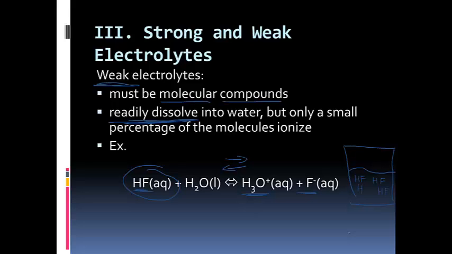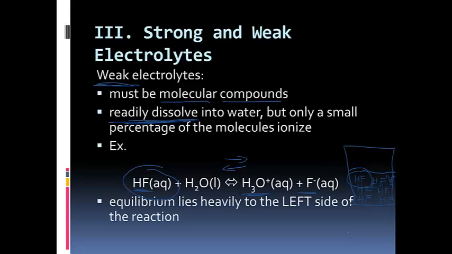You can dissolve a lot of it in there, and a lot of it will exist as HF. A little bit turns into H3O plus because it reacted with water, and you get an equal amount of F minus. So it's a weak electrolyte because most of the HF just stays as the molecule. When it reaches equilibrium, you get a lot of HF and only a little bit of the stuff on the right side.